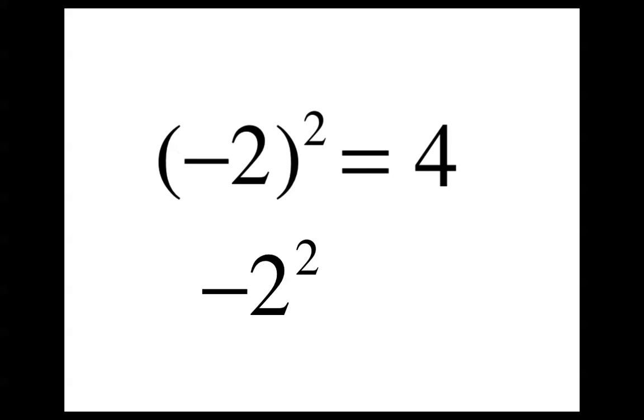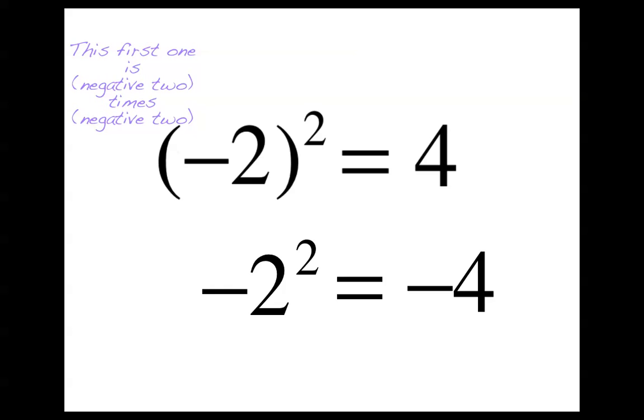But what if you have negative 2 squared, but the negative 2 isn't in parentheses? In this case, it comes out negative, and that might seem weird. You might think that both of these are basically the same thing and that they should both come out positive.